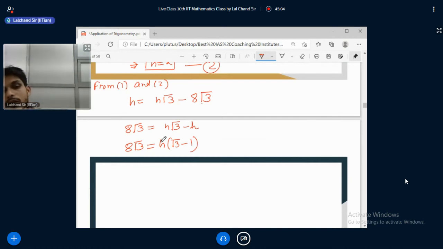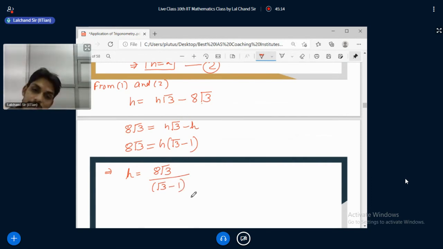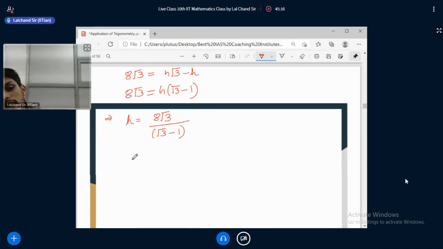Okay, so h equals 8 root 3 divided by root 3 minus 1. Okay, if we rationalize this term, so finally we have the value of h by rationalizing the denominator.